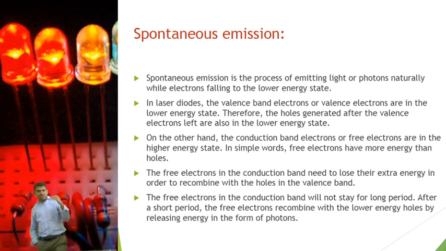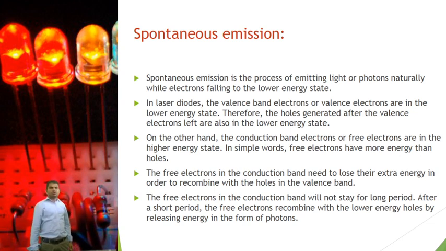In a laser diode, the valence electrons are in the lower energy state. Therefore the holes generated after the valence electron leaves are also in the lower energy state. On the other hand, the conduction band electrons, the free electrons, are in the higher energy state.